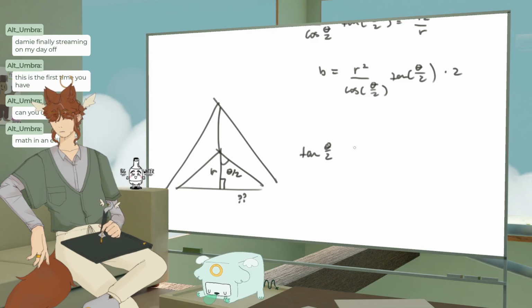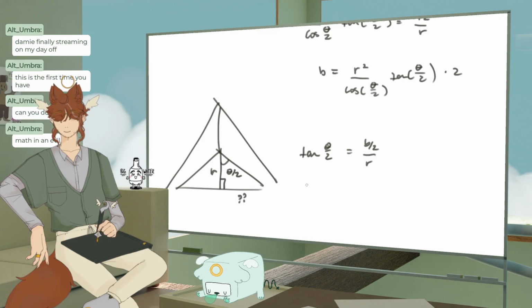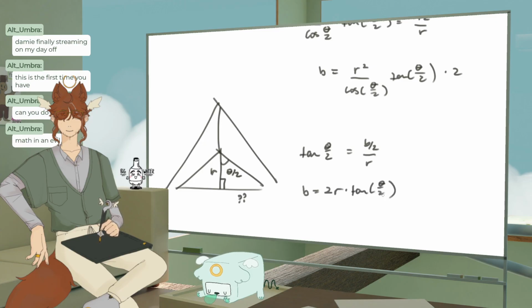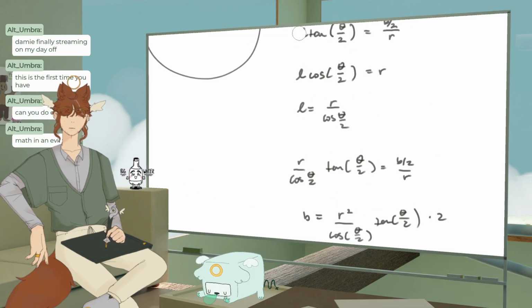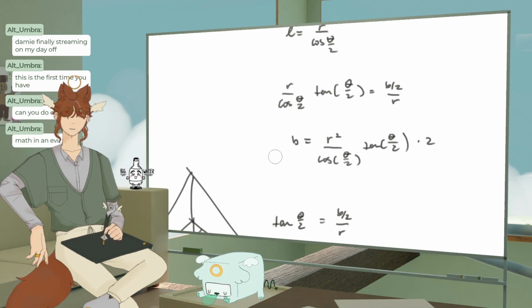Wait, why was I multiplying by L? It's just tan theta. Opposite over adjacent equals... Oh my god. Okay, let's try that. I don't know why I was doing all that. Why did I say L? It's just that.